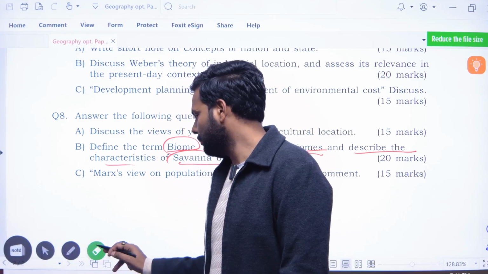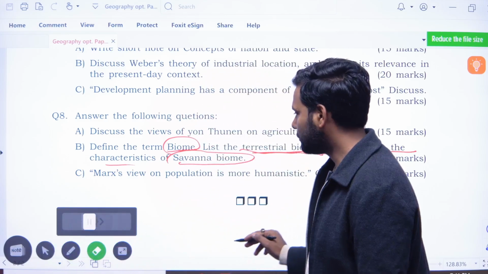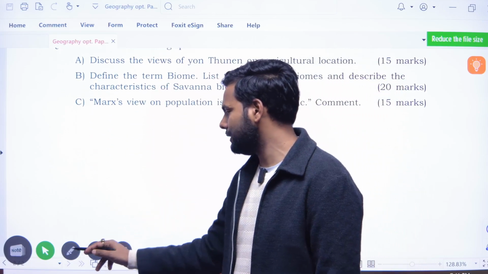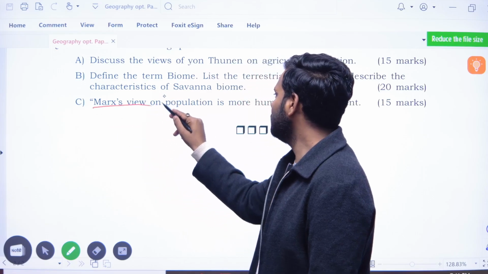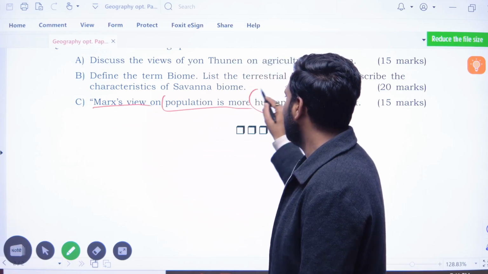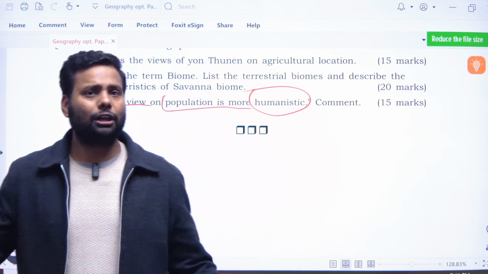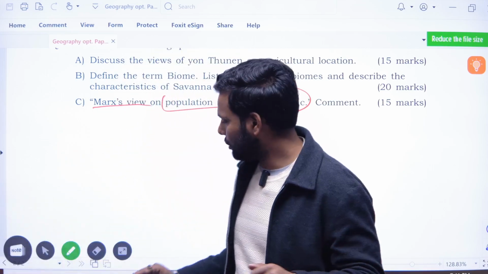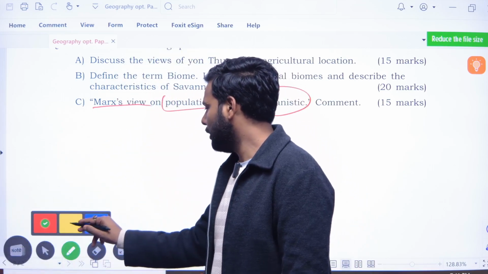Okay, now in the next question: Marx's view on population is more humanistic. Yes, Marx's view on population is more humanistic because it is a view on the basis of socio-economic welfare.